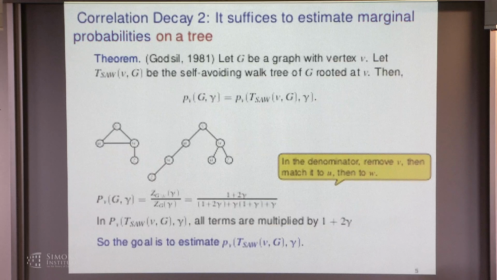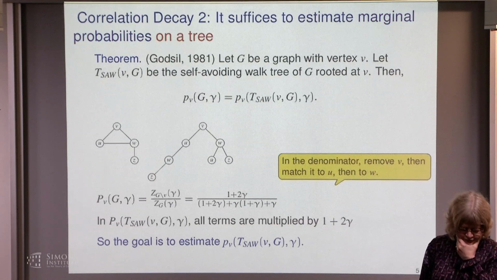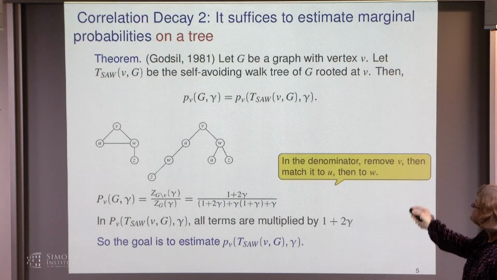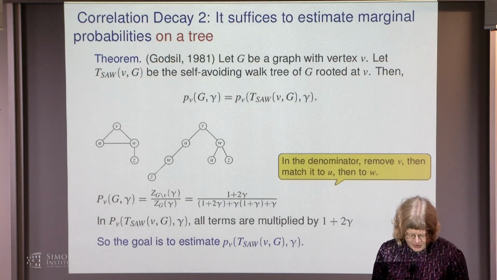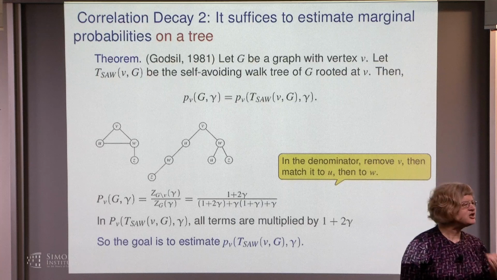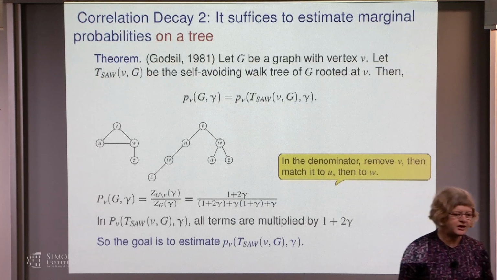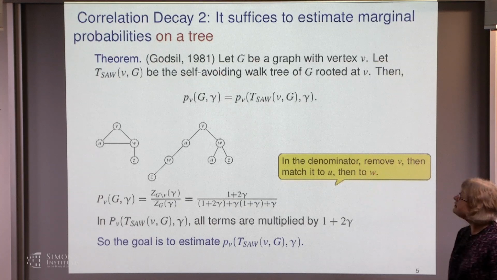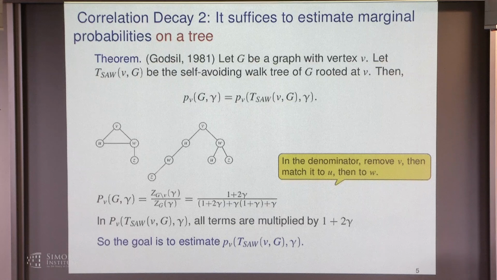Okay. The second fact about correlation decay is that if you really want to estimate the partition function, it actually suffices to estimate it on a tree. You don't really have to consider a general graph. In the case of the matchings polynomial, this goes back to Godsil in about 1980, and this fact is not very hard to show.